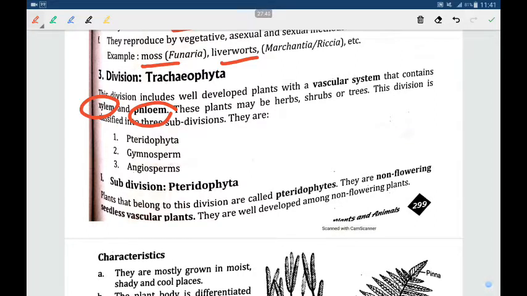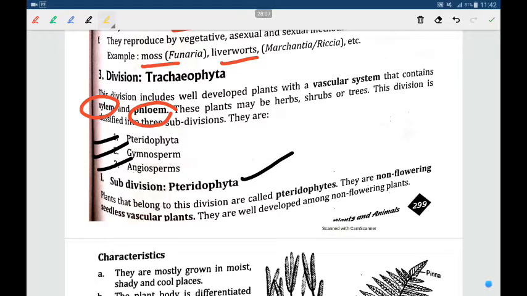Okay, so Tracheophyta has three subdivisions. What are they? Pteridophyta, Gymnosperms, and Angiosperms. Once again, remember: Pteridophyta, Gymnosperm, Angiosperm. Now first, Pteridophyta.